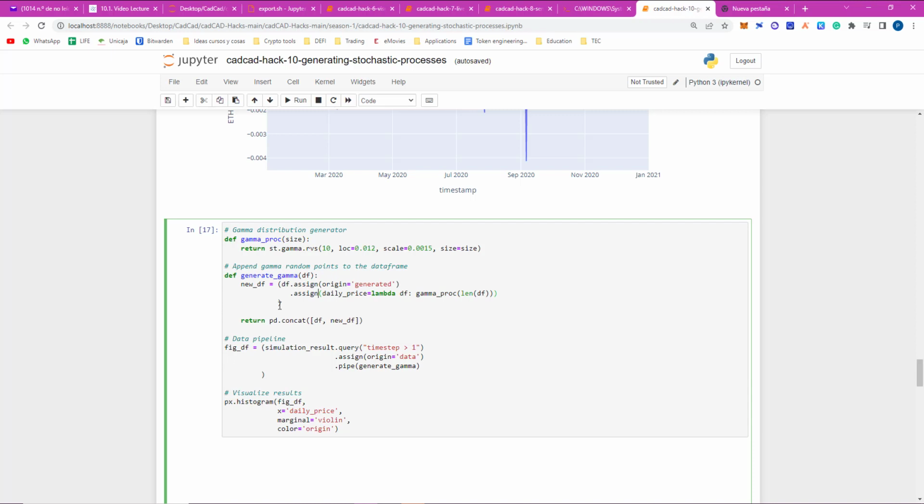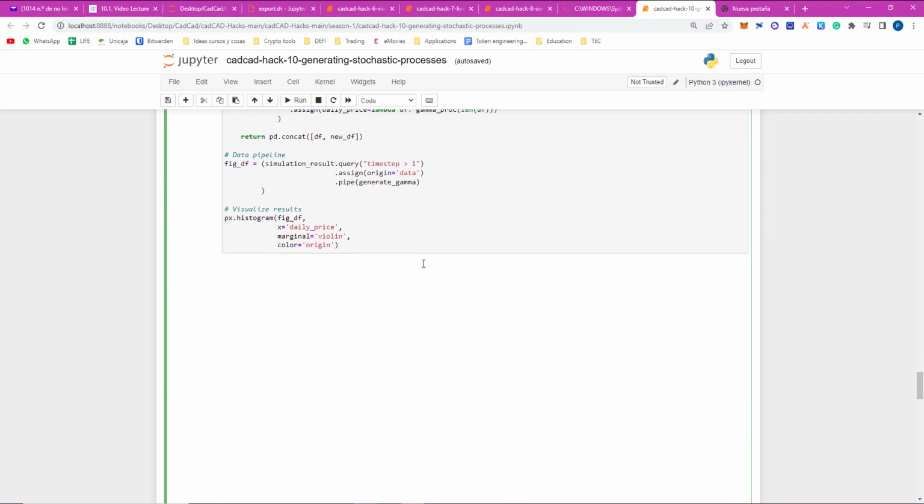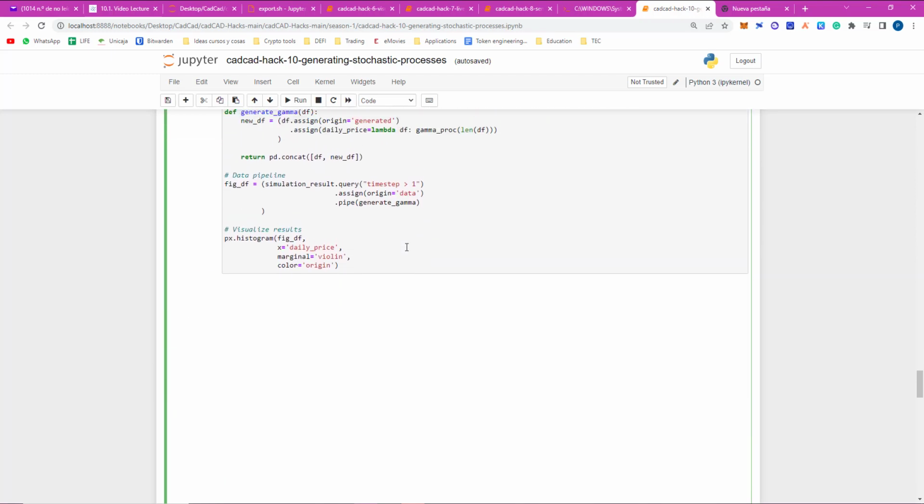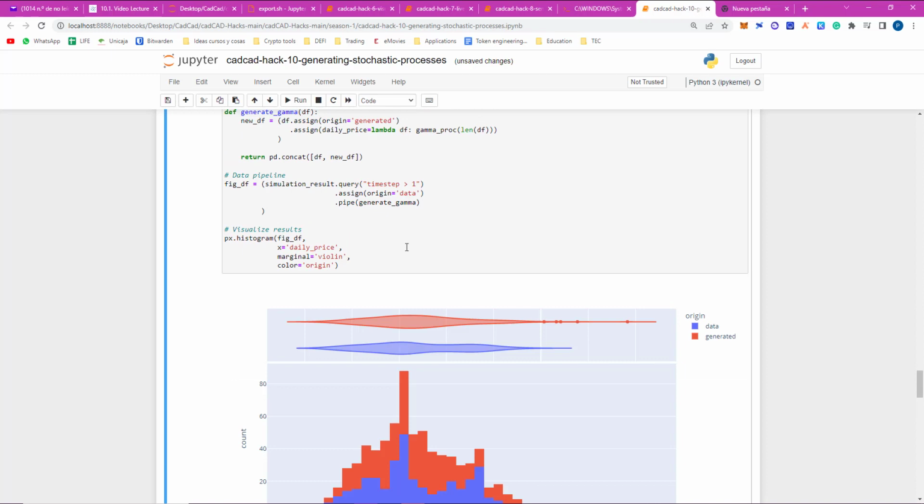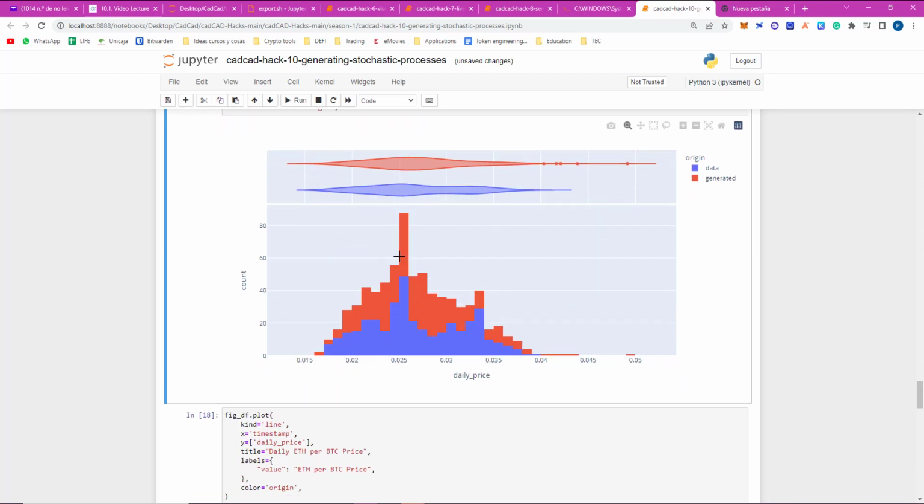Yeah, so I understand that they take those, but how do they generate random points that are that close to the data frame results? That's the part that confuses me. You have the real data, which is the blue one. How do you generate gamma data that fits that well?